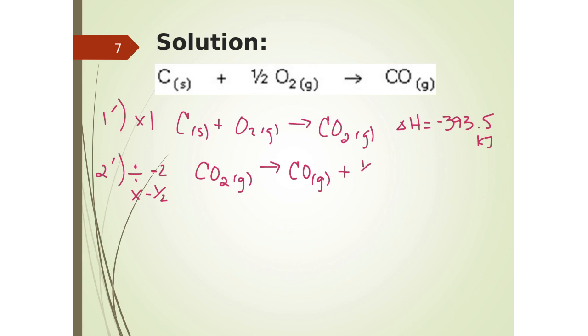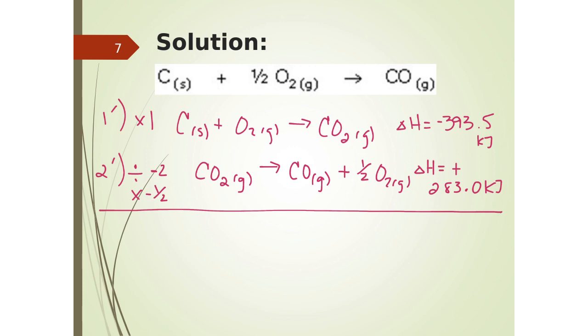If I divide by 2, I now have a half of an oxygen. And now don't forget with your enthalpy: we're flipping everything, so I now have a positive enthalpy. This is very important. And when I divide that enthalpy value by a factor of 2, I get 283. Make sure you keep that decimal place, because we're going to be adding up everything. Make sure it's there.